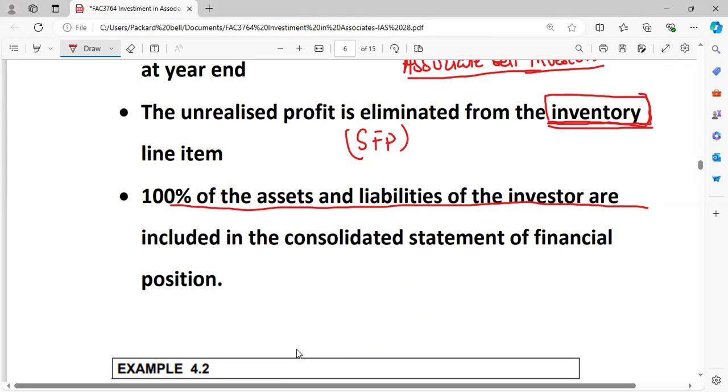Then the one for the associate, that one line item of investment in associate is the one that is going to represent everything for the associate.